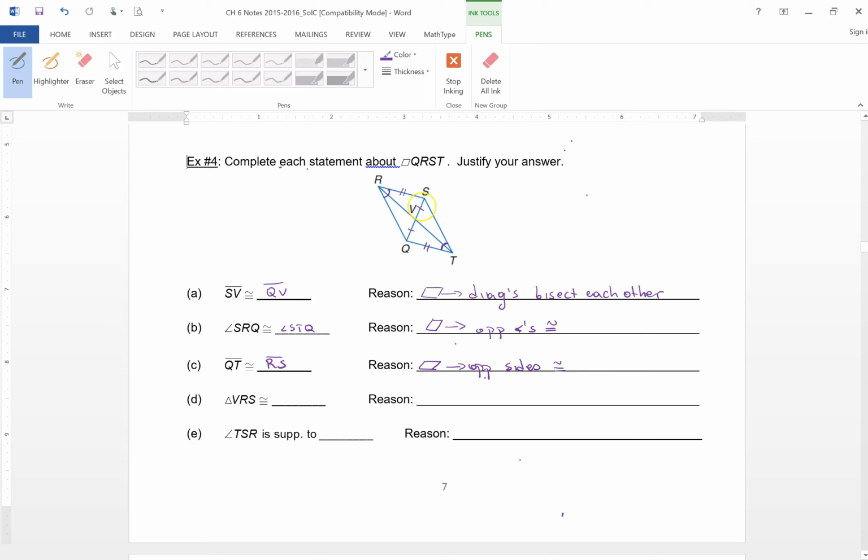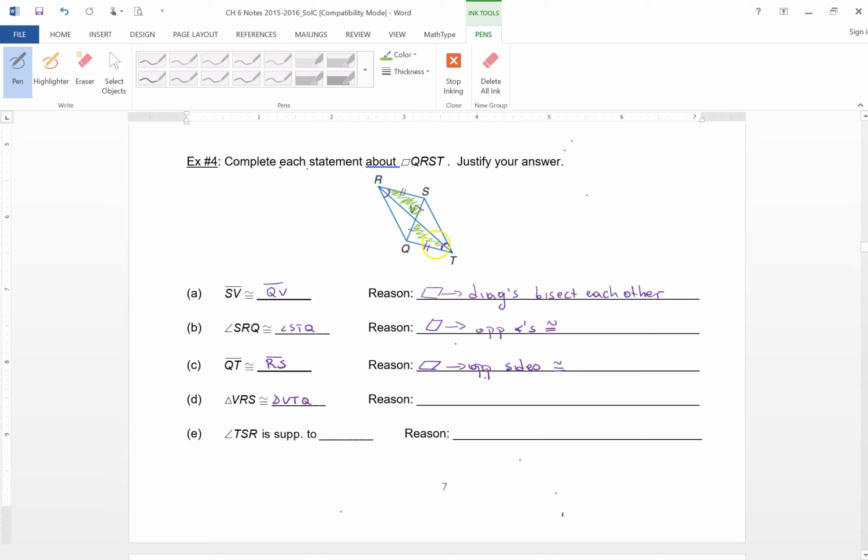angle VRS, triangle VRS is congruent to triangle VTQ, right? So triangle VRS, this one, VTQ, because this angle goes with this angle.